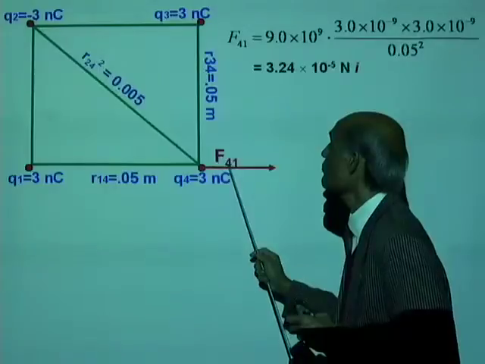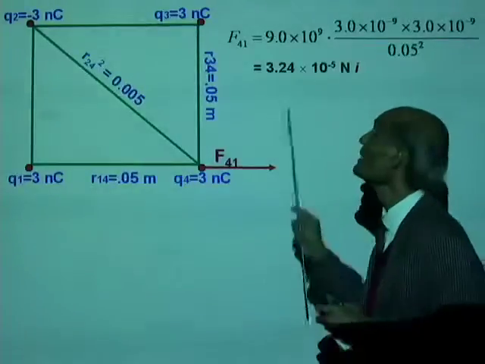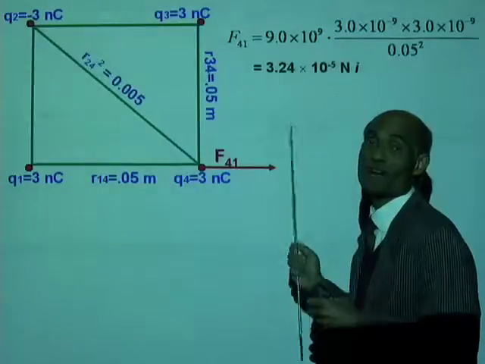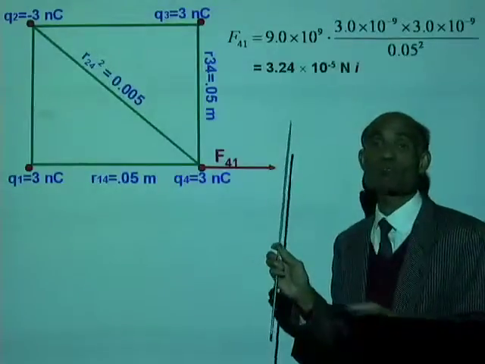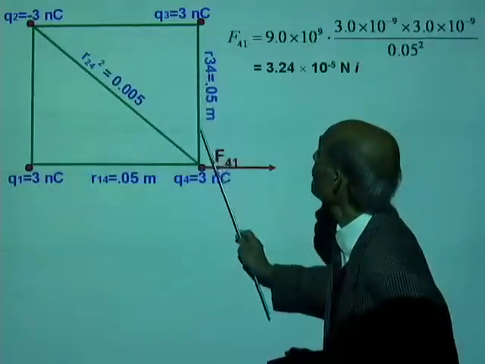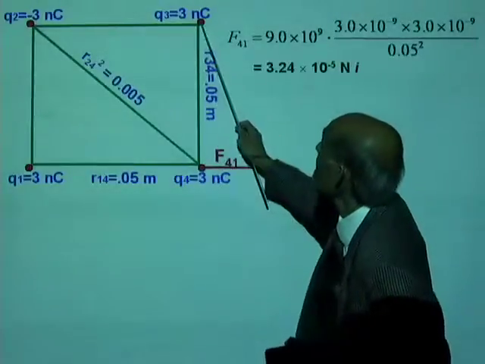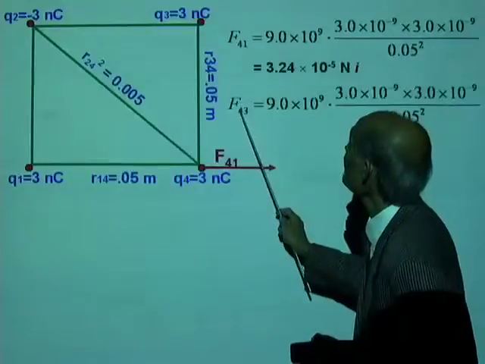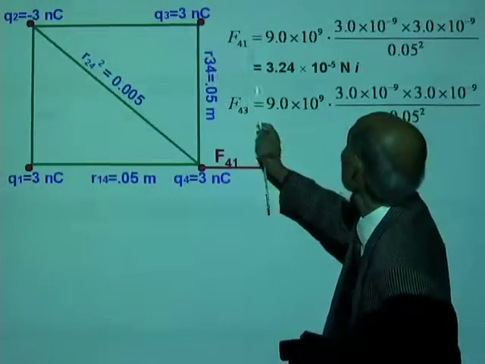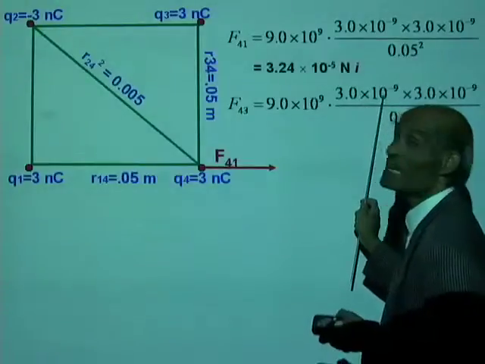So this is force F41, which is equal to 3.24 times 10 to the negative 5 Newton I. Similarly, let's find F43. F43 is equal to K Q3, that is 3 times 10 to the negative 9.